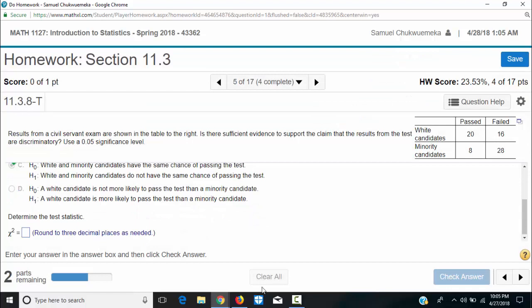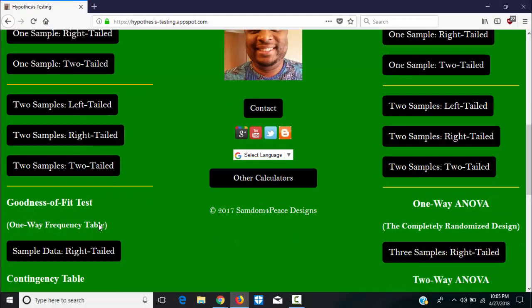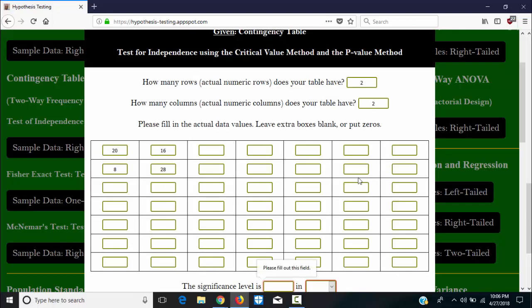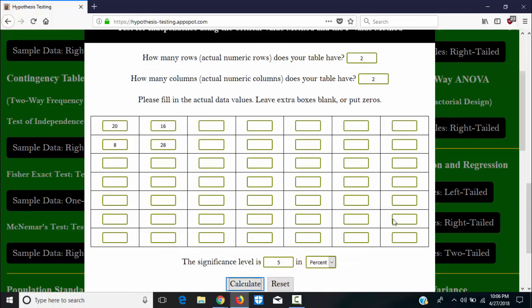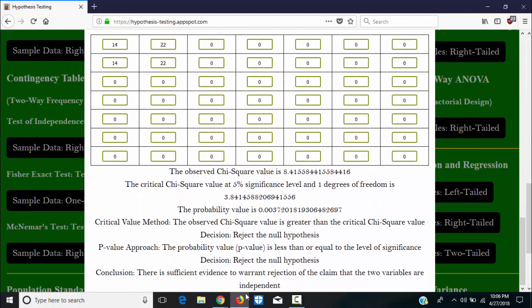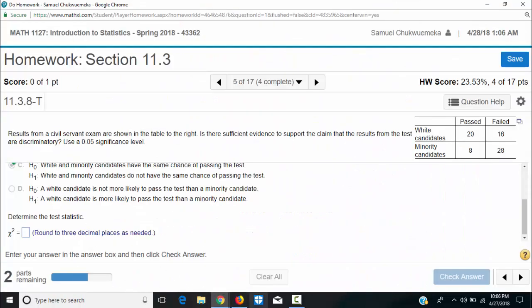Determine the test statistic. So this will be 20, 16, 8, 28. So we come here: 20, 16, 8, 28. And the significance level is 5%. Calculate.